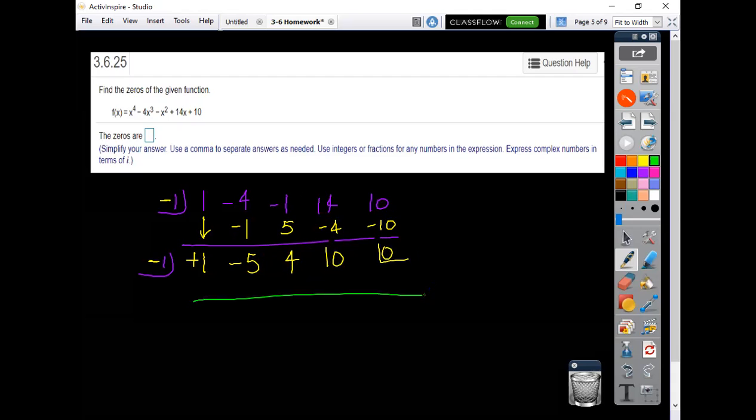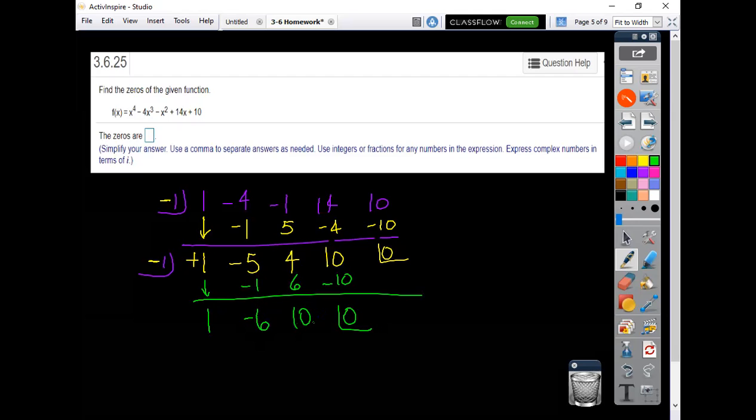Next one. Now we still have a second 0 at -1, so we should get another remainder of 0 this time, if we've done it right. We're going to take it out and see what's left. Bring down the 1. -1 times 1, -1, add, -6. -1 times -6, +6, add. -1 times -10, -10, and add.